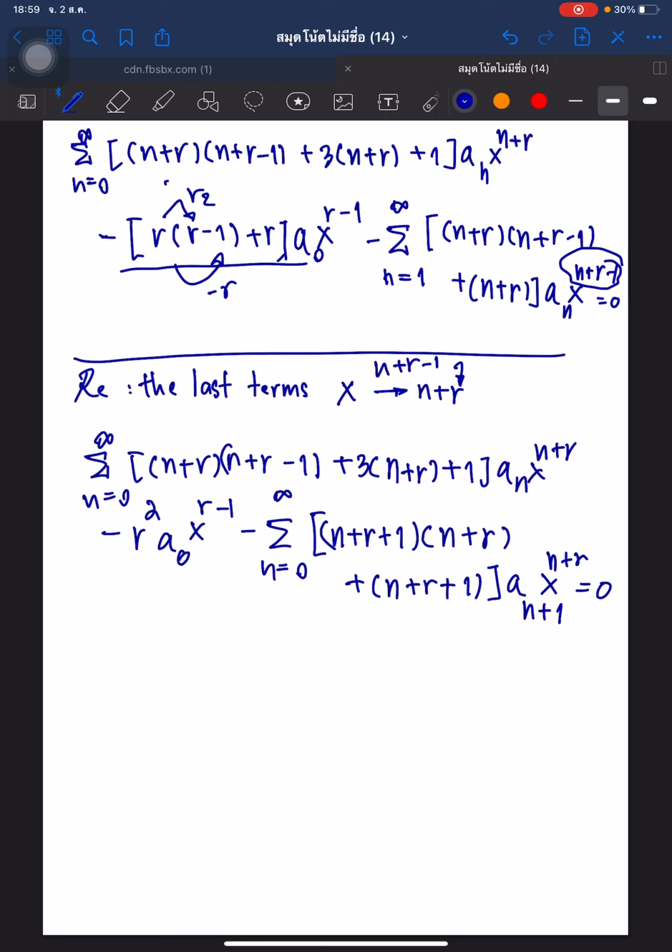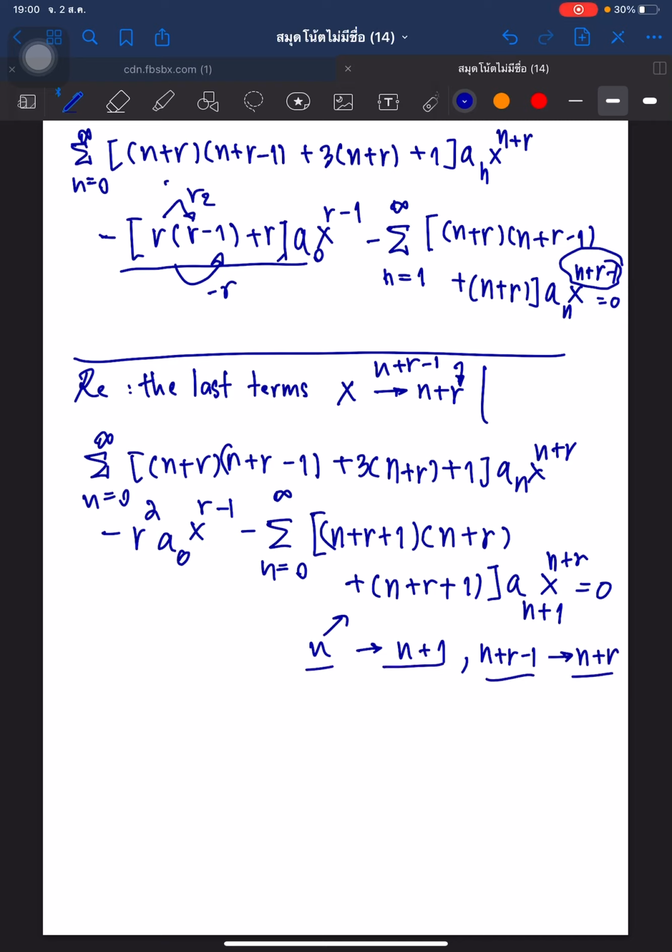With substitution of n to n plus 1, we get the exponent of n plus r minus 1 is n plus r. Okay.